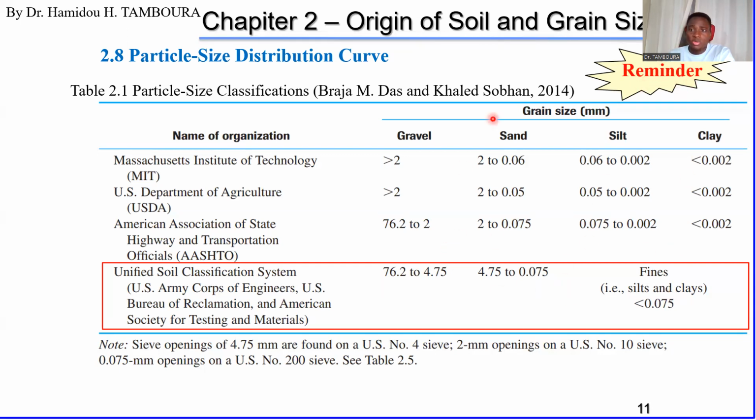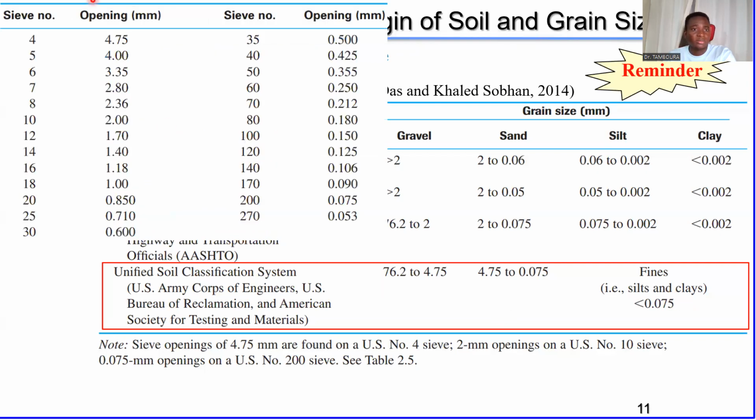So I'm going to link the previous sieve number and this table. This is the table for the sieve number. You remember I told you to keep in mind sieve number 4, which corresponds to 4.75 millimeter. So this corresponds directly to the lower limit of gravel, so we can link these two.